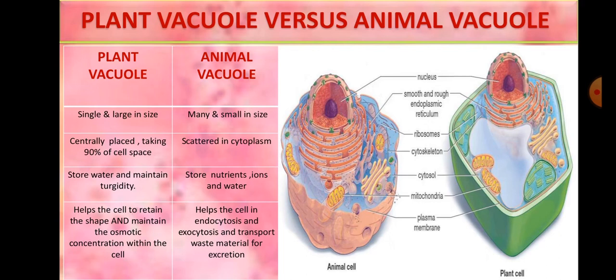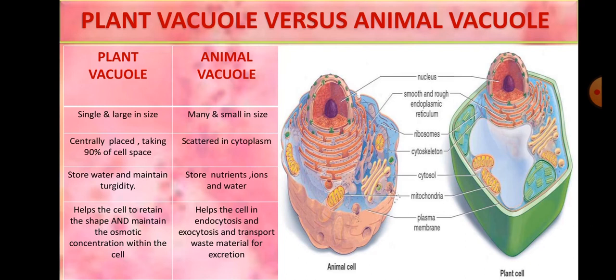What does a plant vacuole do? It stores water and helps to maintain turgidity. And in case of animal vacuoles, they store nutrients, ions, water, as we discussed previously. Plant vacuoles also help to retain the shape and maintain the osmotic concentration within the cell. Remember, we studied osmosis and how it depends upon the concentration inside the cell membrane and outside the cell membrane.